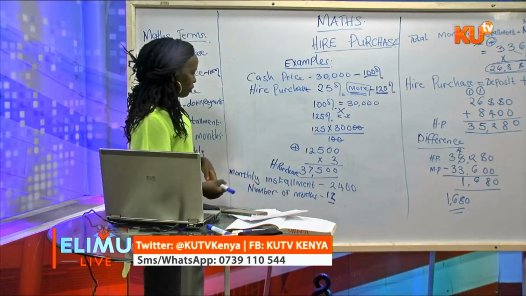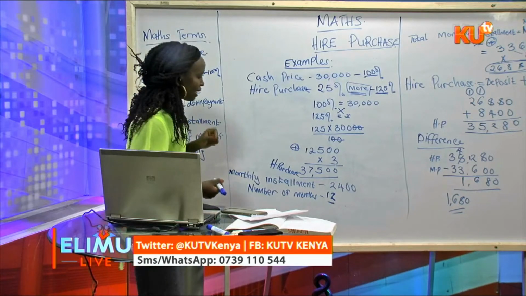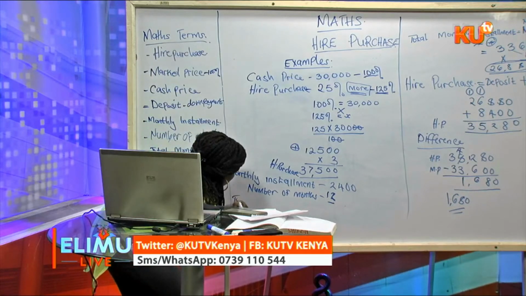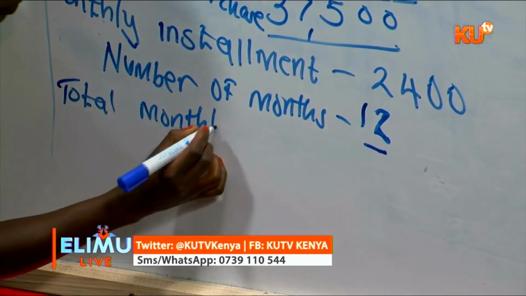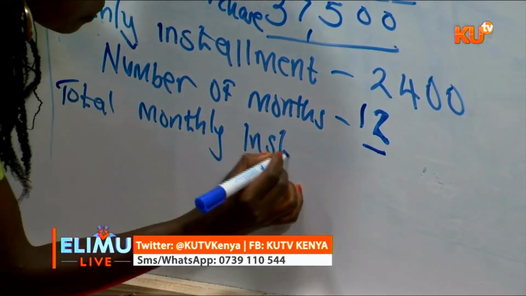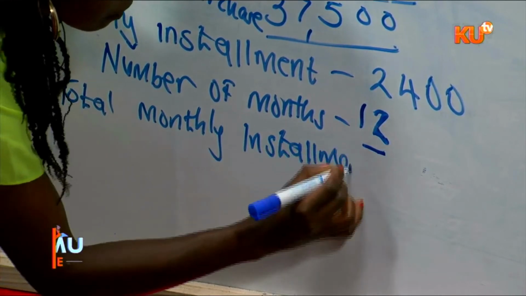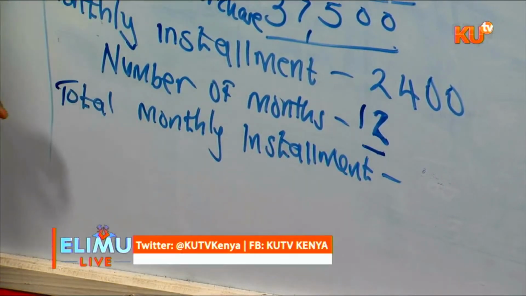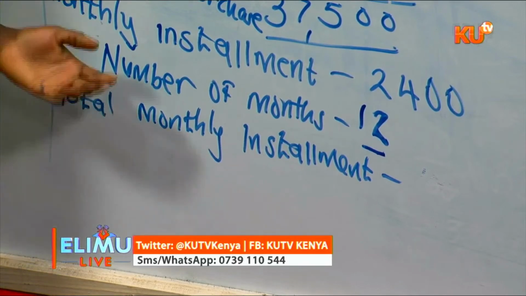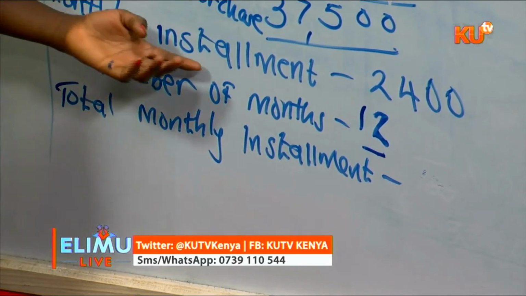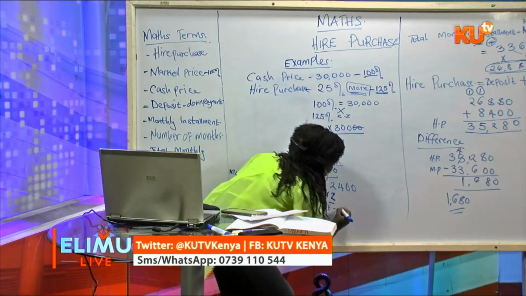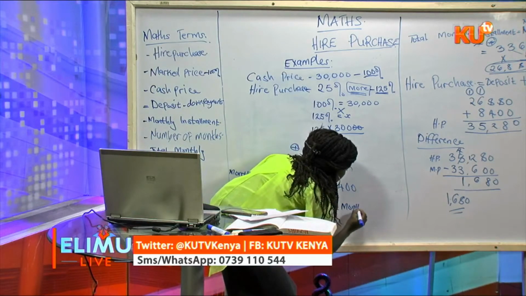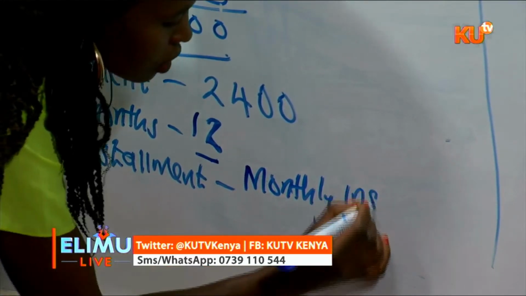So our next step is to get the total monthly installment. To get the total monthly installment, we take the monthly installment and multiply by the number of months.